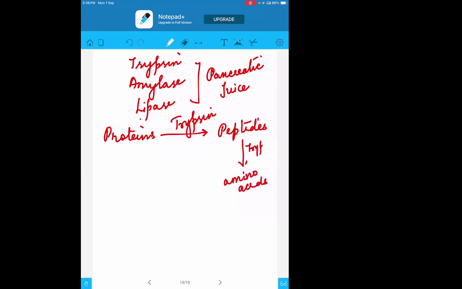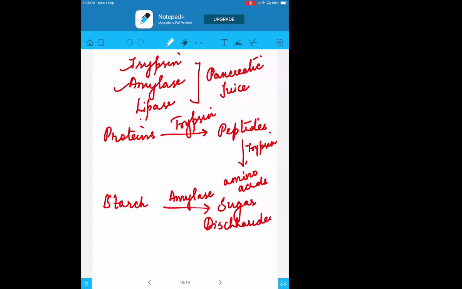Second is amylase. This amylase works on the starch we consume and breaks it down into disaccharide sugar.